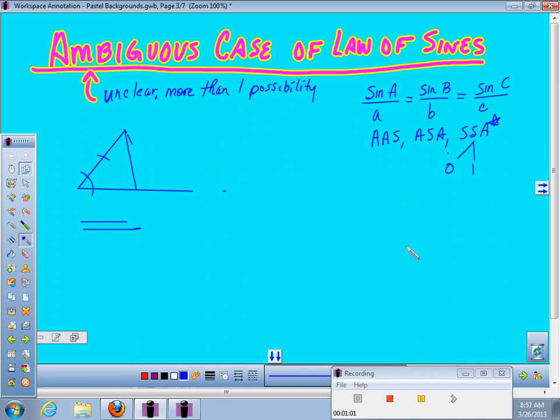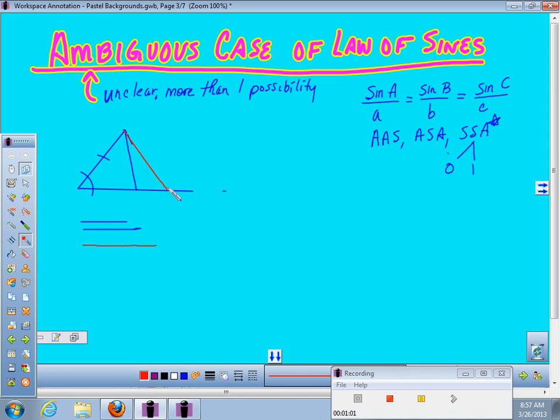But here's the real kicker. Suppose this time I make it extra big, let's go for an 8-inch line. I can come up here and measure 8 inches and come out here and I'll form a triangle.